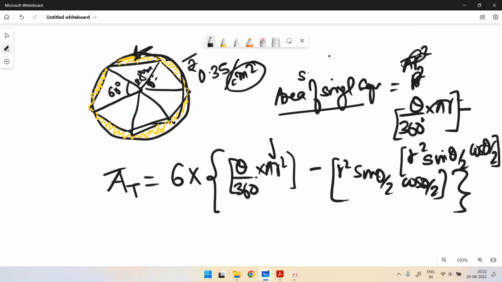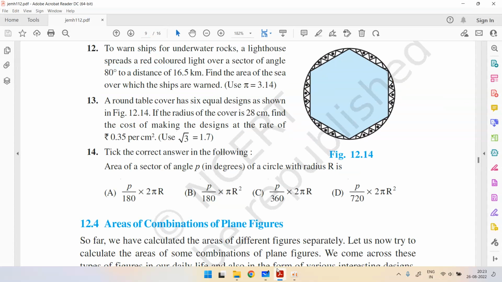You know the value of r, 28 centimeter. Take pi as 22 by 7 because 28 is a multiple of 7. Theta is given indirectly as 60 degree. Put the values and you will get the total area.